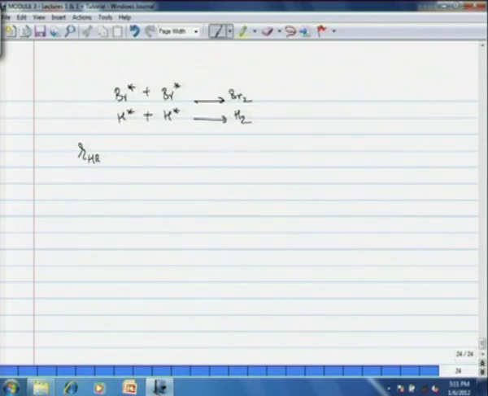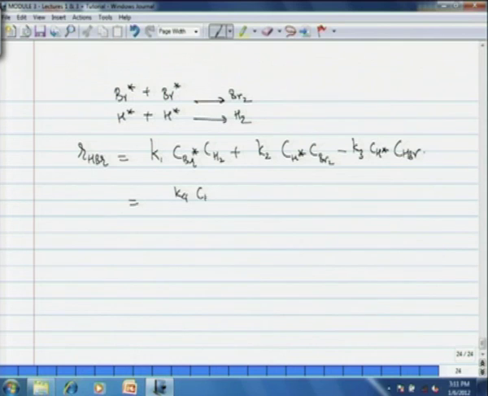The rate of formation of HBr can be K1 C_Br star, the concentration of bromine atom, into C_H2, plus K2 into C_H star into C_Br2, minus K3 C_H star C_HBr, which can be further arranged as K4 C_H2 C_Br2 raised to 1.5 divided by K2 C_Br2 plus K3 into C_HBr.